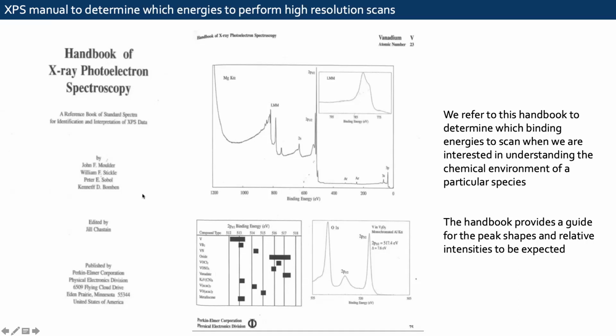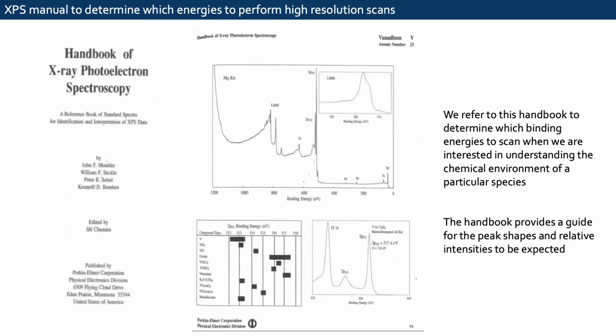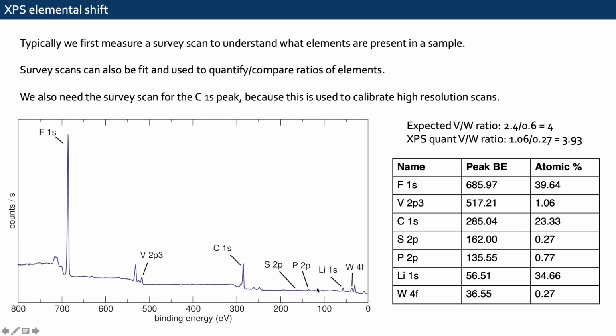And so you can just quickly, at first, I usually refer to this handbook for determining what binding energy region to scan. So at first, we do the survey scan where we're doing the whole binding energy region that you can measure with the XPS. But to get higher resolution information, let's say about vanadium, you have to do a much smaller subset.